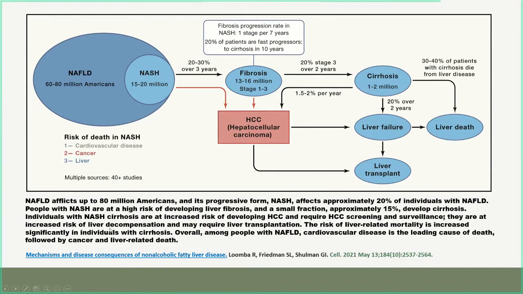But the main thing that has been appreciated over the last couple of decades is the fact that among people with NAFLD, cardiovascular disease is the leading cause of death, followed by cancer and liver-related death. So that's why it's important for us to understand not only the liver aspects of this disease, but the more systemic aspects of the disease.